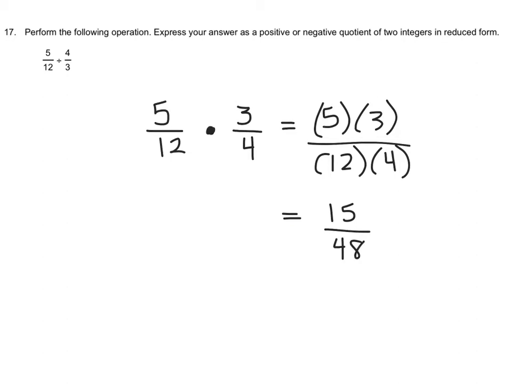Now I want to reduce the fraction, so I want to find a number that both 15 and 48 are divisible by. 15 and 48 are both divisible by 3, so I can divide the top and bottom by 3. 15 divided by 3 is 5, and 48 divided by 3 is 16. So my reduced answer is 5/16.